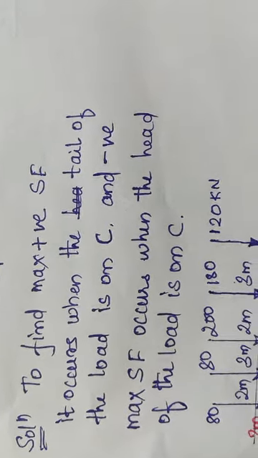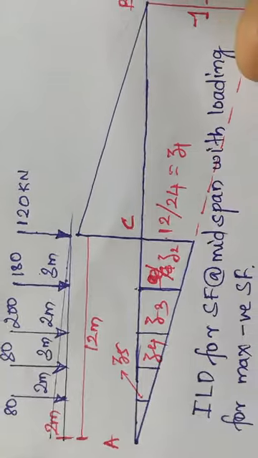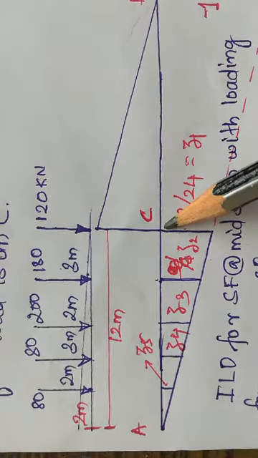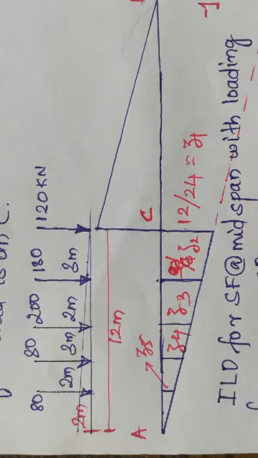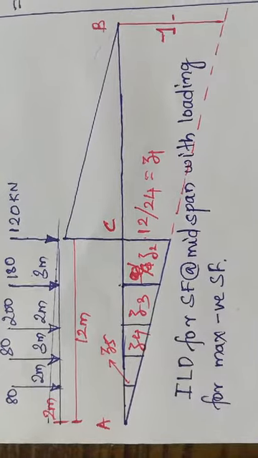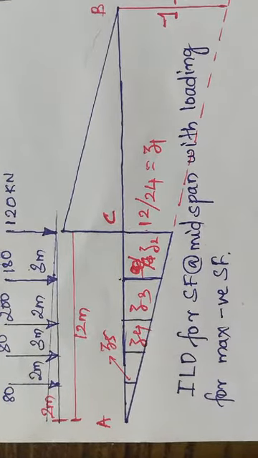So let us draw the influence line diagram for negative shear force, that is, the head of the load should be on C. So this is the influence line diagram for the negative shear force.